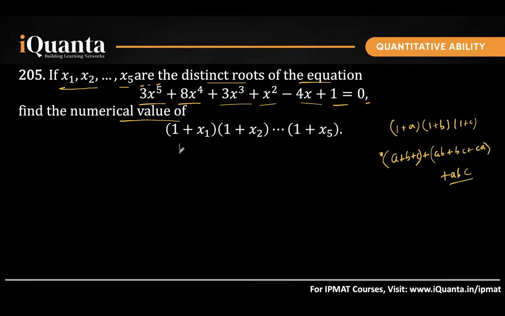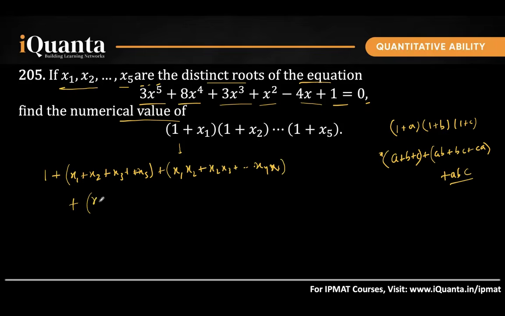So if I solve this part, I'll get 1 plus the sum of all variables x1, x2, x3 till x5 taken 1 at once, right? Then taken 2 at once, x1x2, x2x3 up till x4x5.